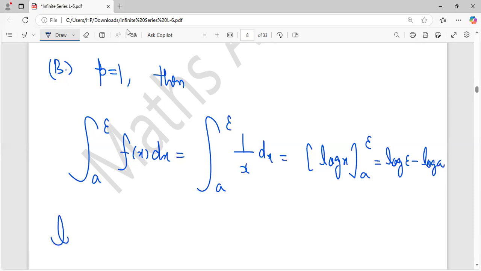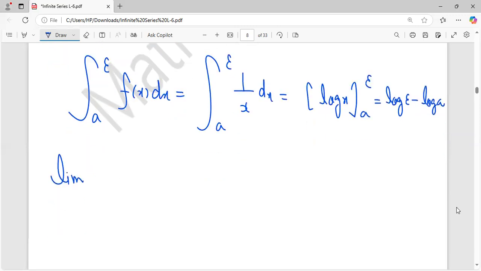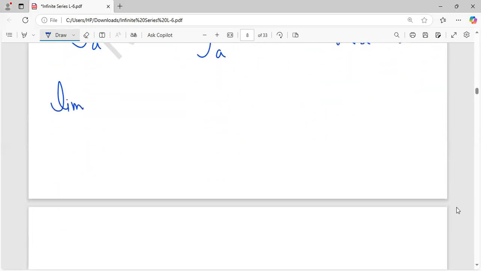Okay. Now limit. So what is the limit? Limit epsilon tending to infinity. This integral f(x) dx is equal to infinity.